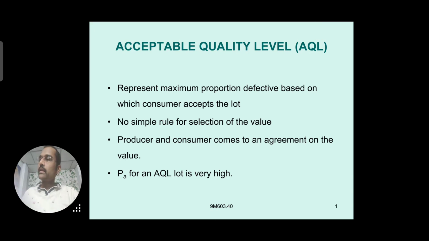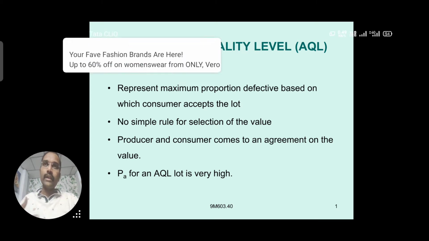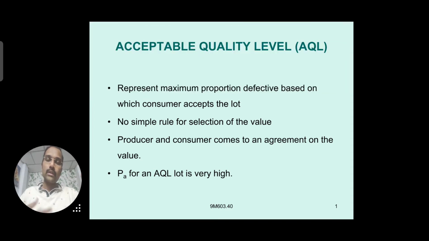Okay, and coming here, one point to remember: what happens if the AQL level is exceeded, or the defectives found are more? Instead of the 4% we have taken as the acceptance level, if it is more than that 4%, what happens? The quality of the product obtained is very low.